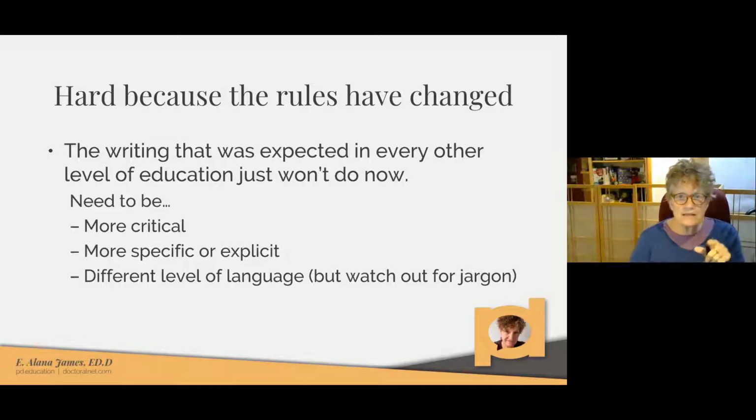Along with those skill sets is the vastly increased need to be both specific and explicit. So what's the difference? Specific is not to use soft words. If you're going to say they went and did something, is the they 10 people, 12 people, a population of people? So that's specificity. To be explicit is one step more than that.